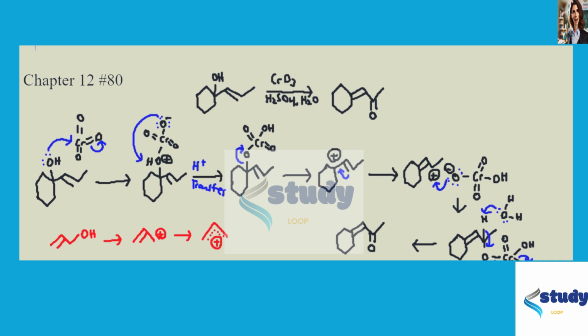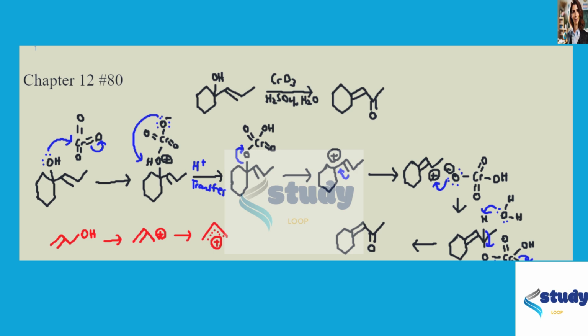And so down here in red, I've shown basically just the formation of an allylic cation. So an allylic alcohol, like this, when the alcohol leaves, you have this 3-carbon species with a cation and a double bond.